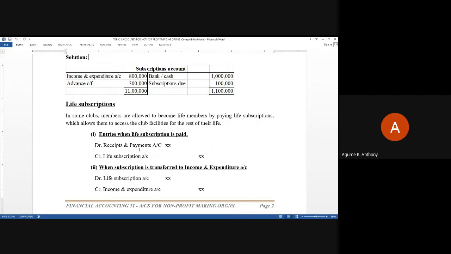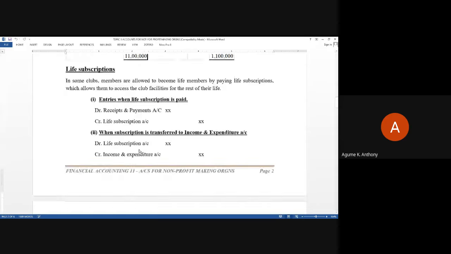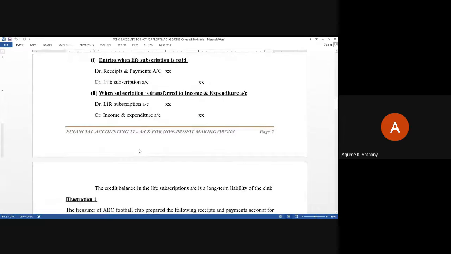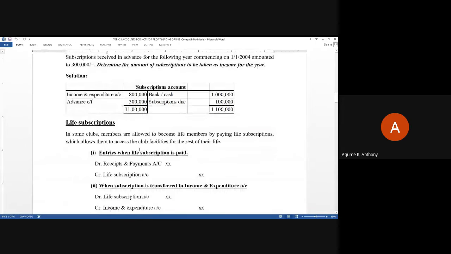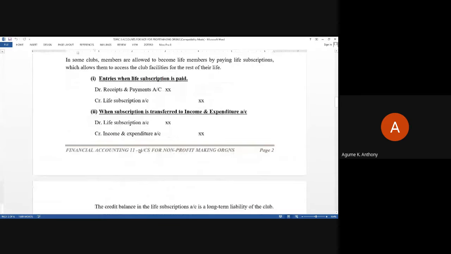So that when the subscription is transferred to the income and expenditure, you are going to look at the money that has been paid. You're going to recognize income over a period of how many years? Because you must have a time frame.